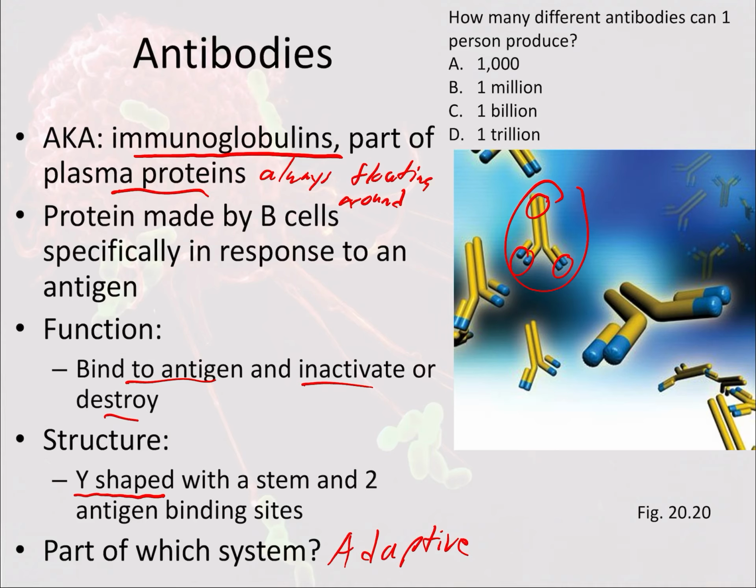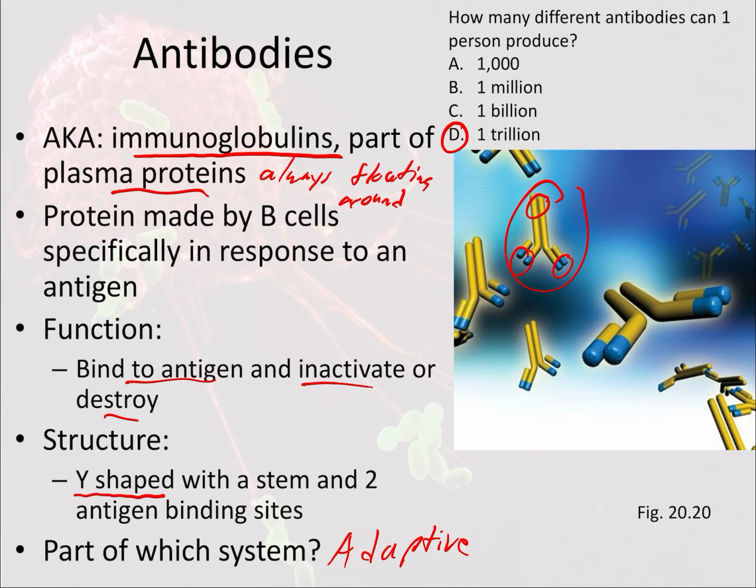And so by the time we're adults, into our late teens, early 20s, and our immune system is fully developed, each of us can produce about 1 trillion different types of these antibodies, right?